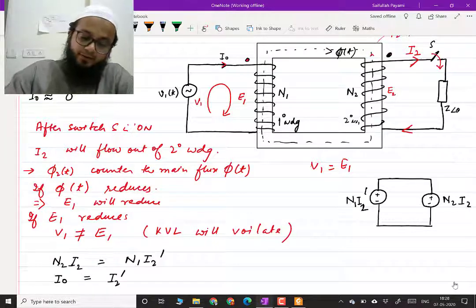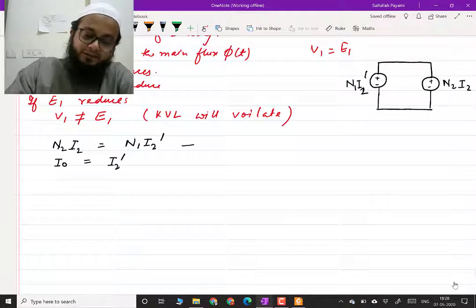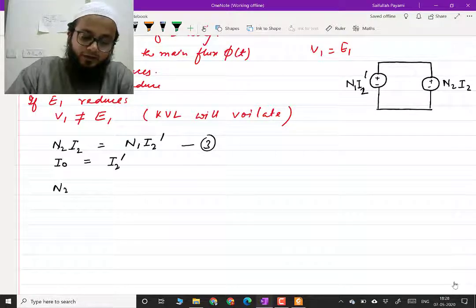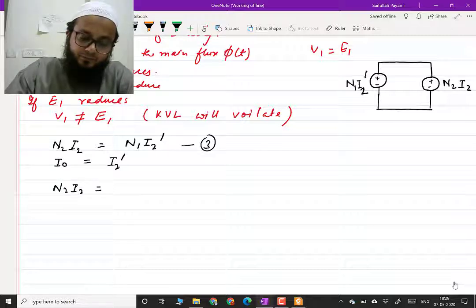Okay, so with this expression 3, what you can write is N2 I2 is equal to N1 I2 dash.